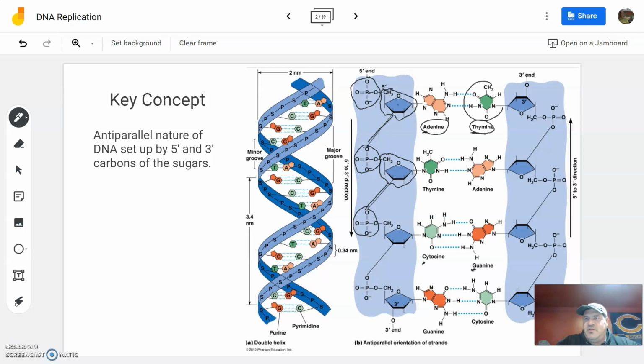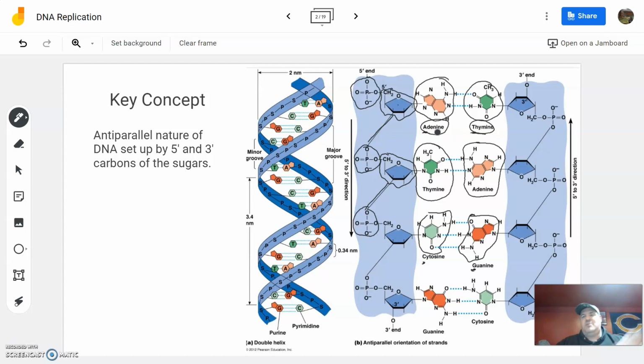So this molecule here will always pair with this molecule. It doesn't matter which side it's on. So thymine could be on the other side like it is here, and then adenine's over here. So A is always pairing with T, and C always pairs with G. That's our pairing rules, okay?